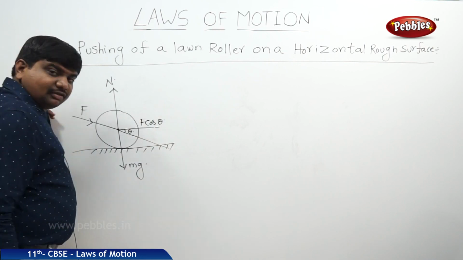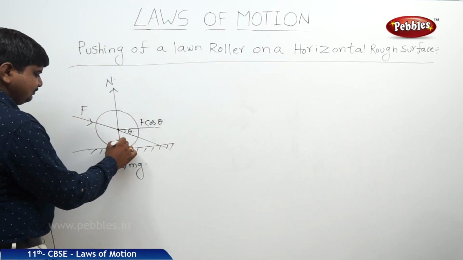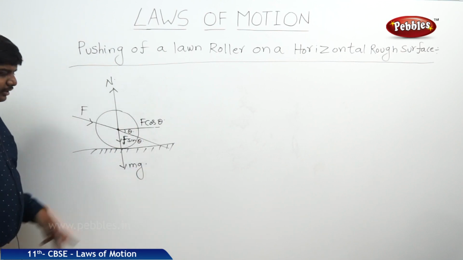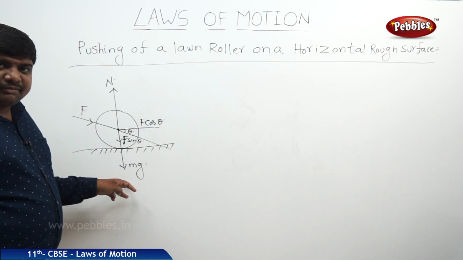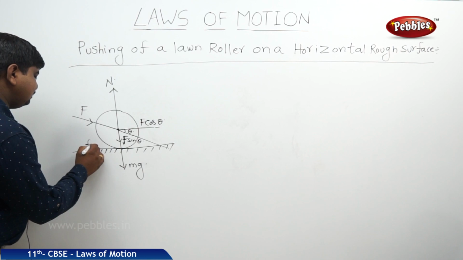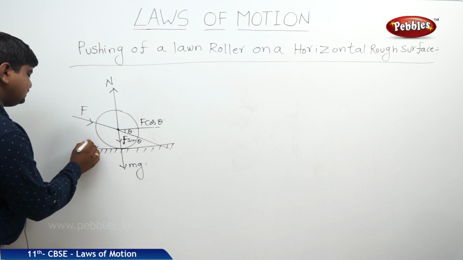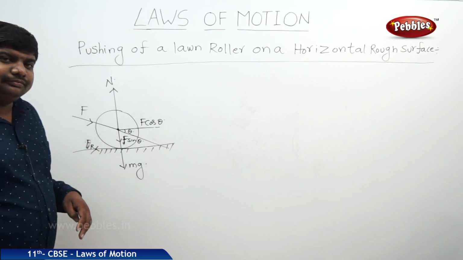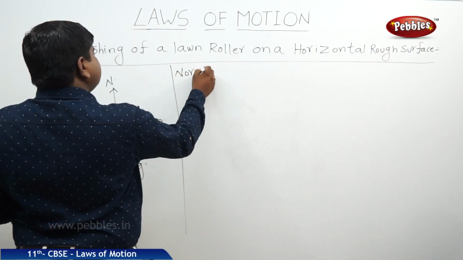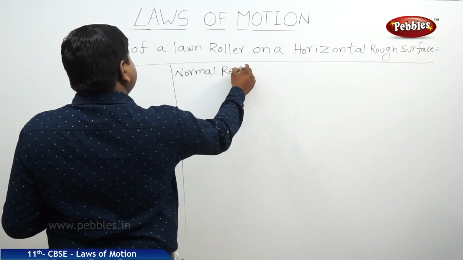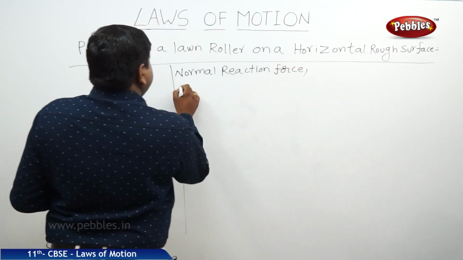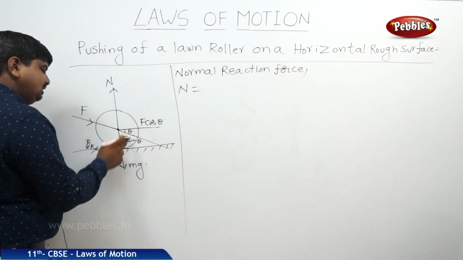If we resolve the components, this will be F sin theta. Here F sin theta and mg are both in the same direction. F cos theta and Fr are in opposite directions. Therefore, the normal reaction force N is equal to mg plus F sin theta.